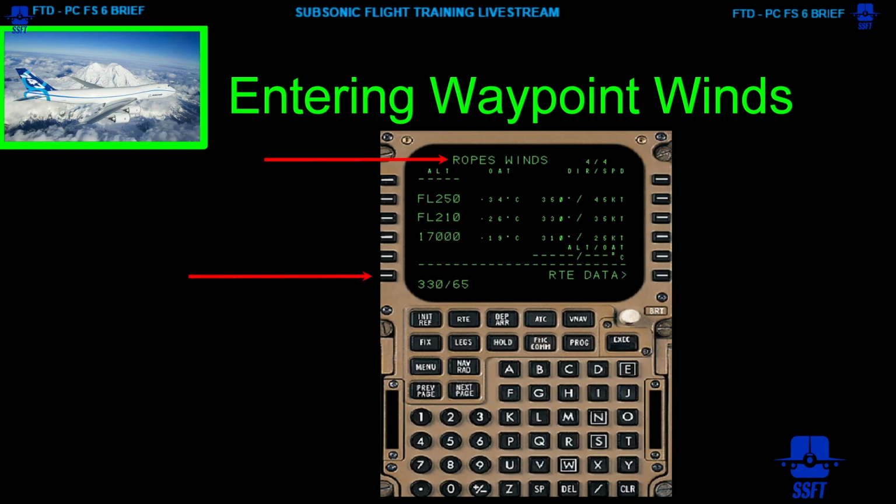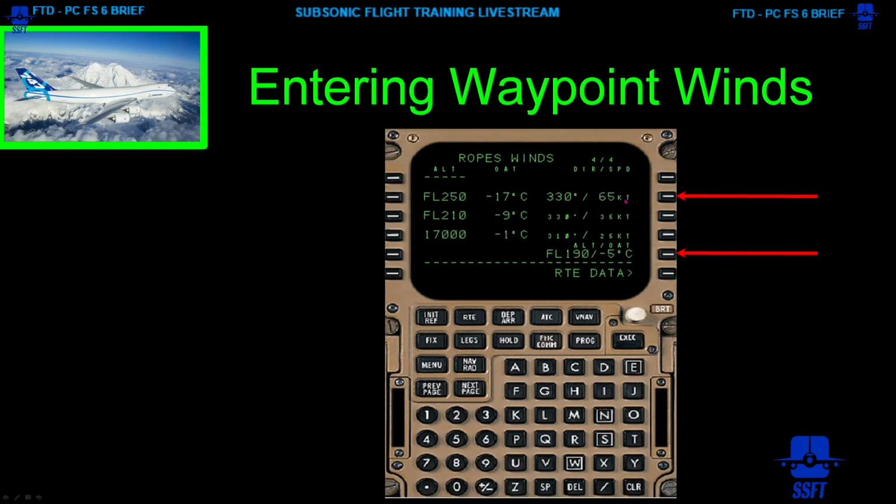Now, if we don't want that, and we want the ROPES winds, we can look at our paperwork and say, okay, the ROPES wind at flight level 250 is 330/65, or forecast winds. So we can update that and type 330/65, and then line select it, in this case at flight level 250, and then that'll go big font.